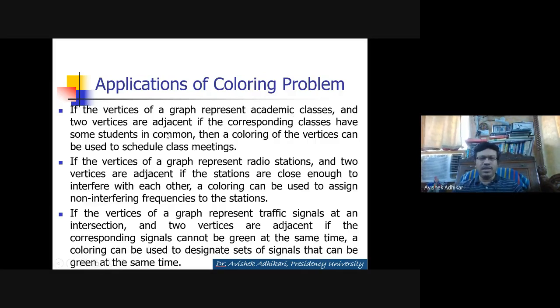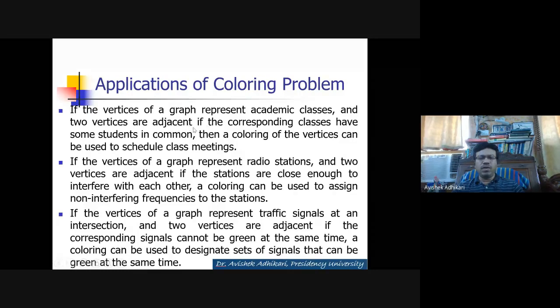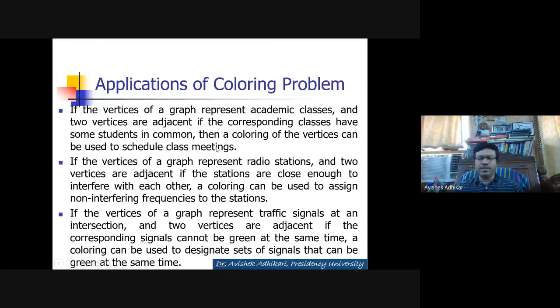So it says that if the vertices of a graph represent academic classes and two vertices are adjacent if the corresponding classes have some student in common. That means if you have some common student, then we call these two vertices connected. Then a coloring of the vertices can be used to schedule class meetings. Okay, is it clear to all of you?